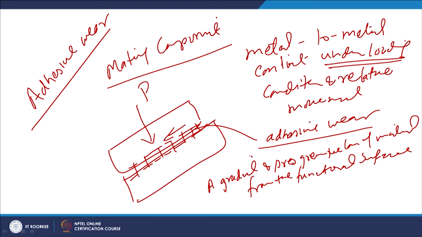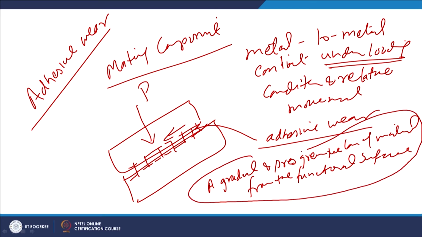This definition is applicable for all types of wear. If it happens, it will lead to loss of dimensions, loss of surface finish, and sometimes even change in the mechanical properties. Those undesirable effects will adversely affect the performance of the component.